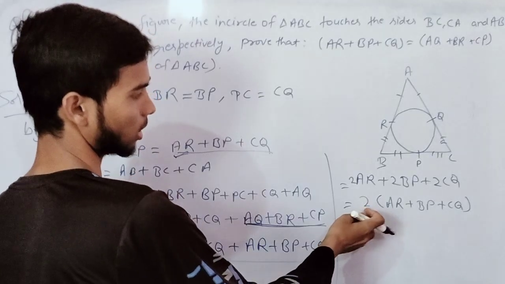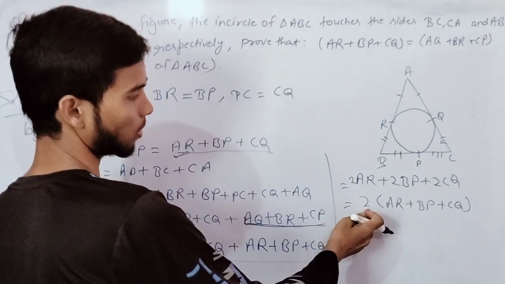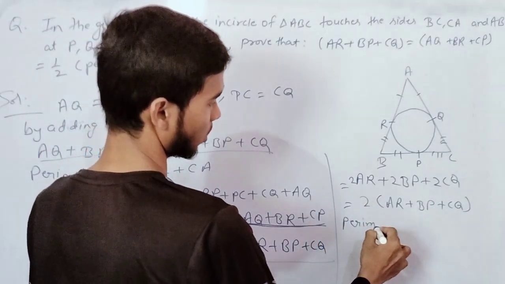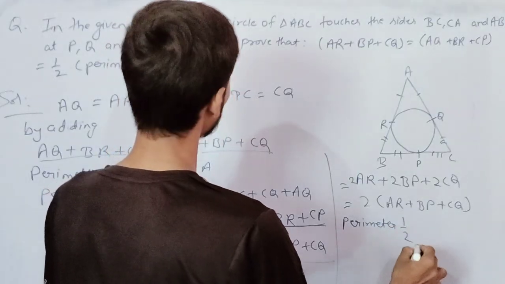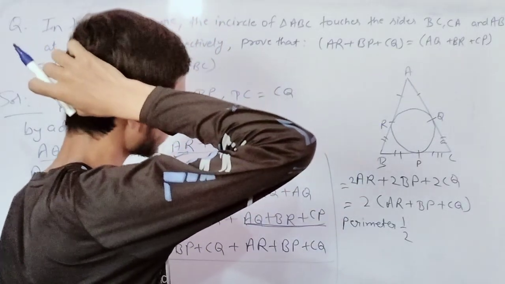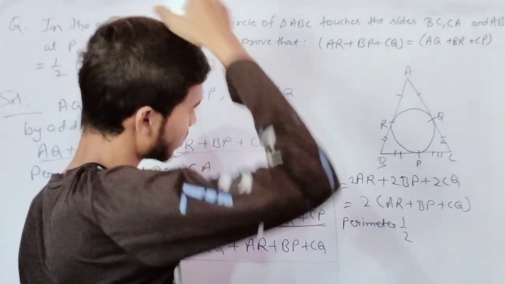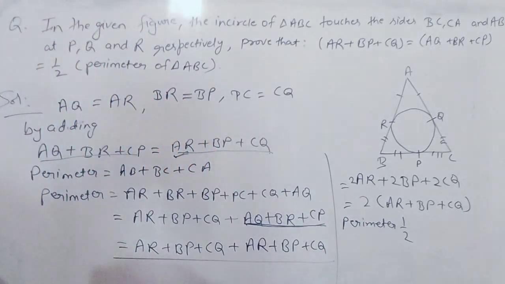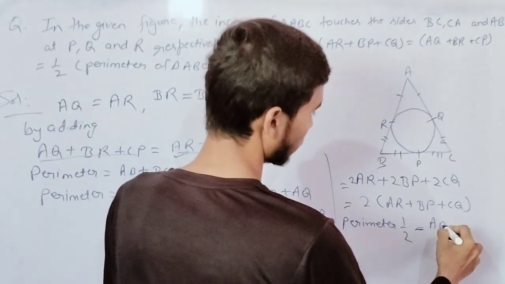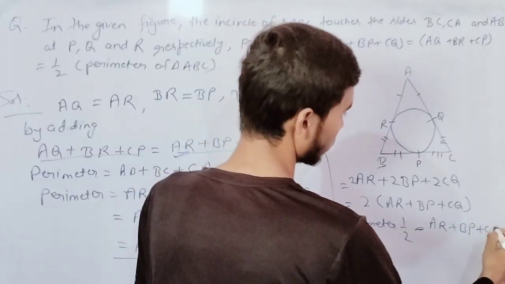We will bring this side, so the perimeter would be 1/2 of AR plus BP plus CQ.